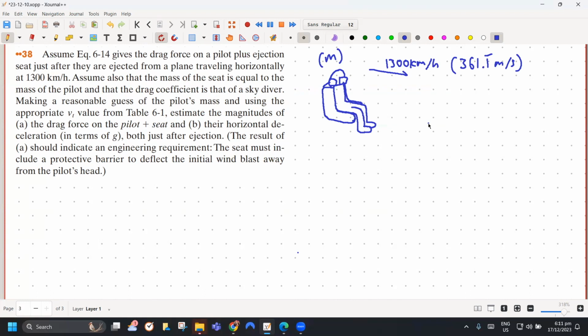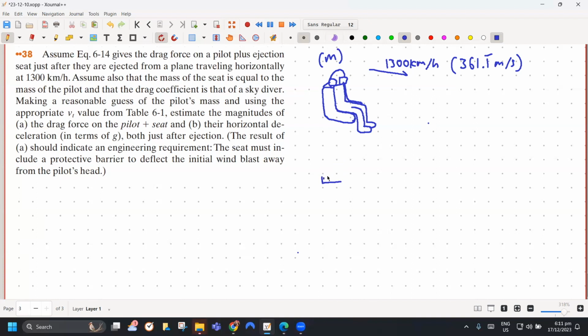So for the skydiver, 1/2 C A rho v squared is equal to mg.